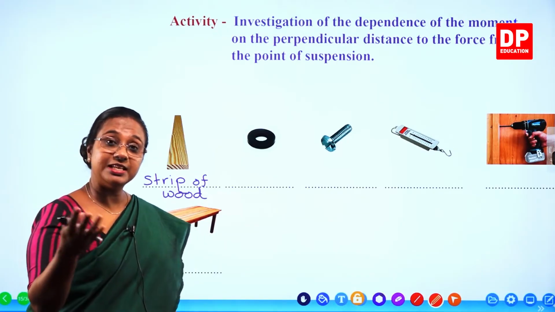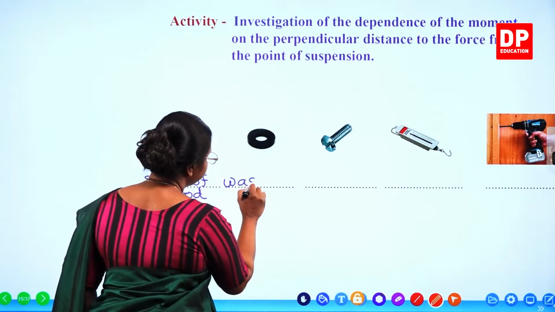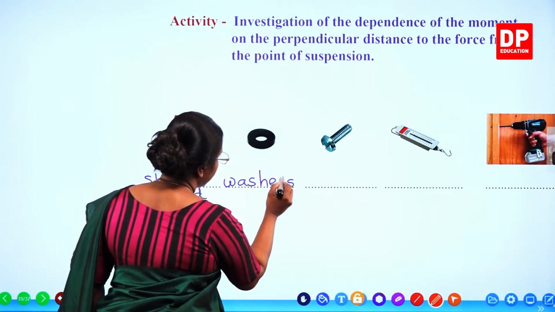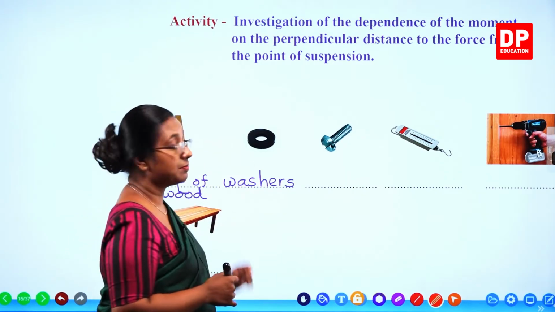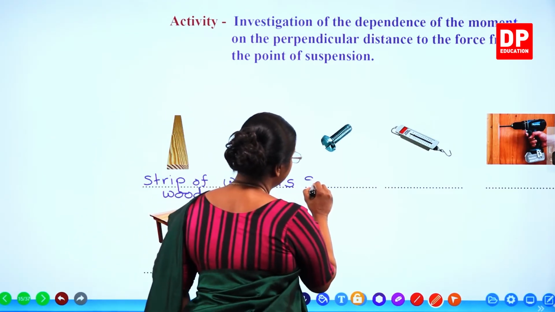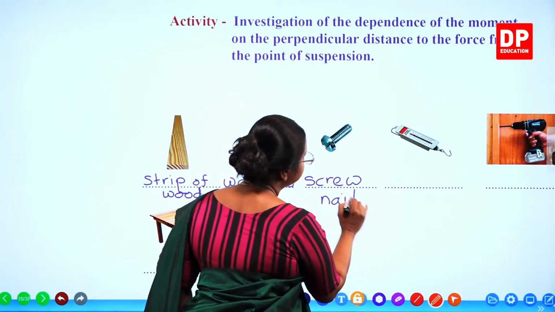We have used this in the previous activity also. Then we need washers. You all know we use the washers to fix the screw nail to the strip of wood. So we need screw nails, or actually one screw nail is enough.